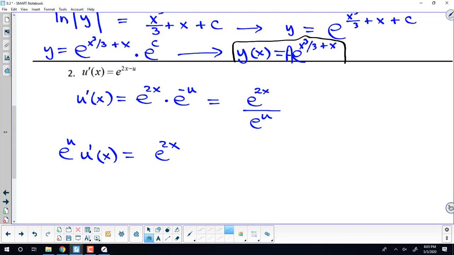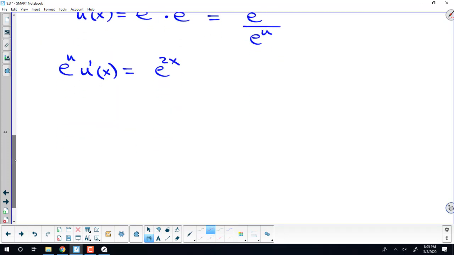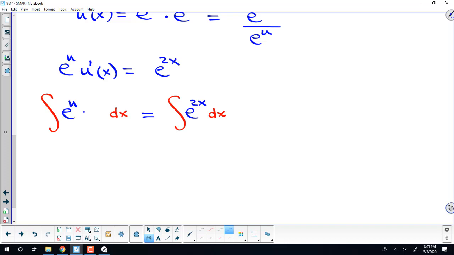X, yeah, the input here. So we take the antiderivative with respect to x on both sides. Maybe you don't have to write all of these steps out, but we're going to show them at least for the first few.